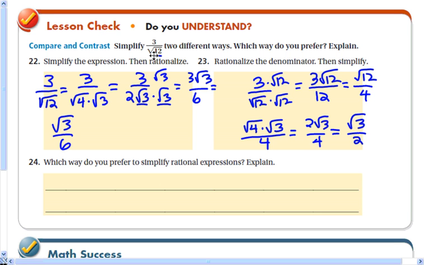Either way is fine. I did make a mistake in this first way though when I was simplifying: 3/6 is really 1/2, not 3 over 6. Sorry about that.